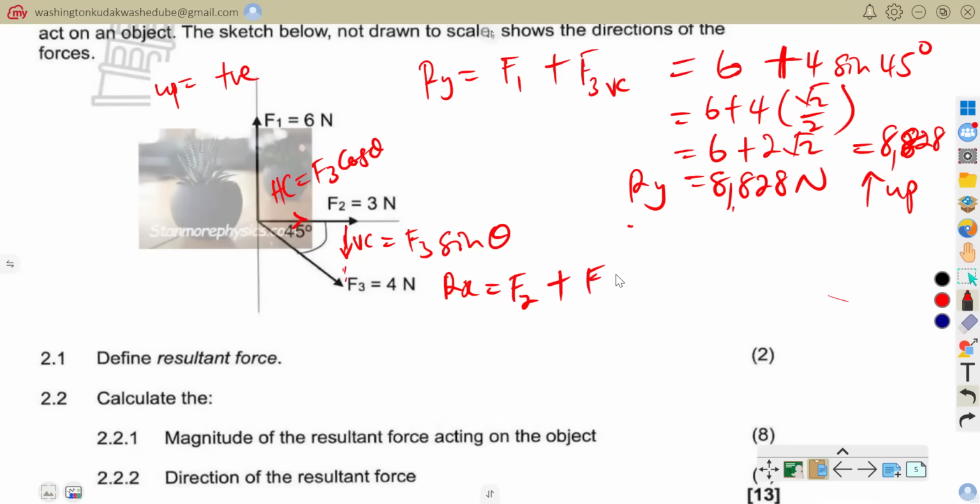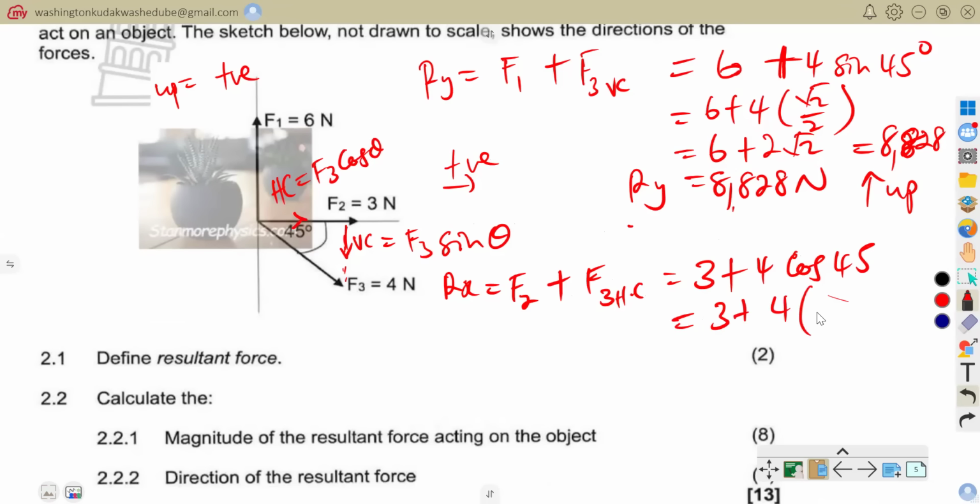So, taking going to the right to be positive, we get 3 plus 4 cos 45, which is also equal to 3 plus 4 times root 2 over 2. Using special angles, that would give me 3 plus 2 root 2.